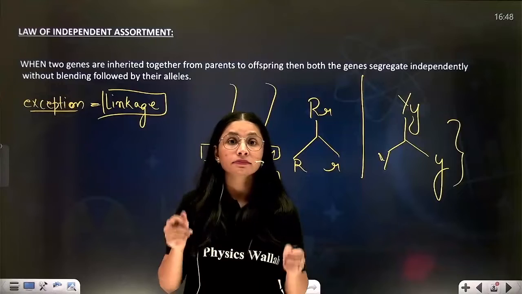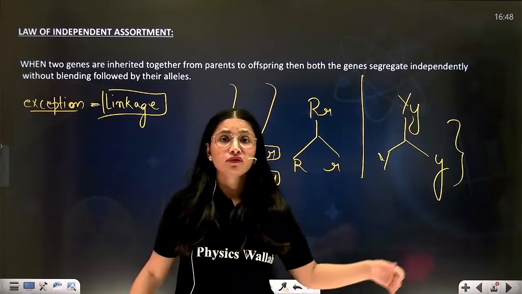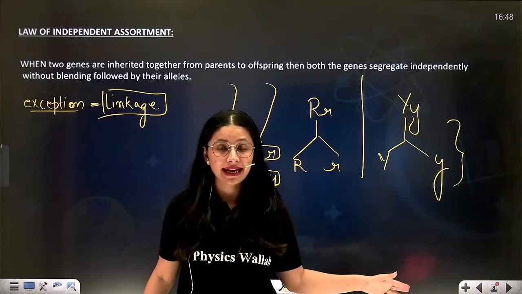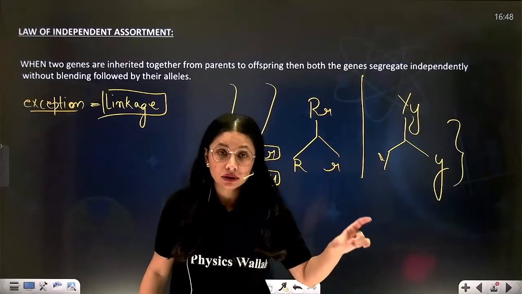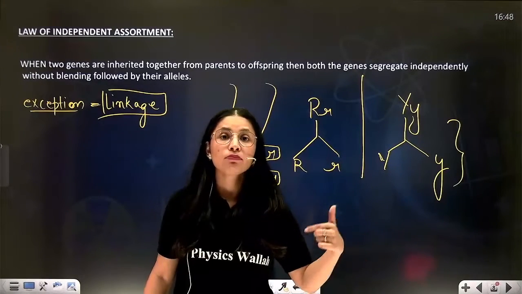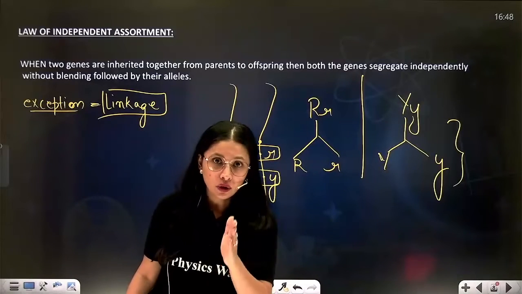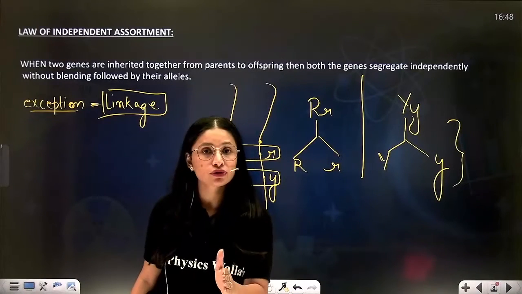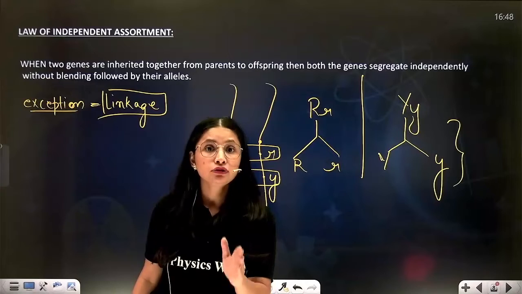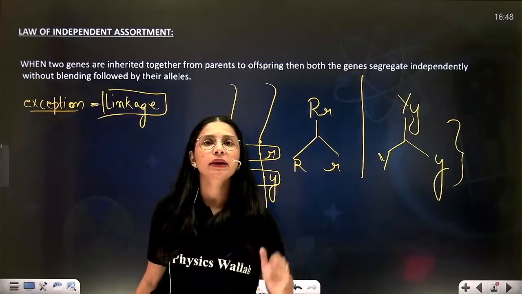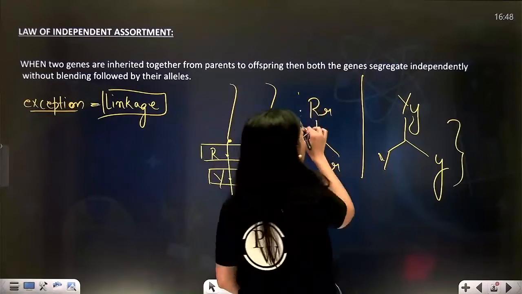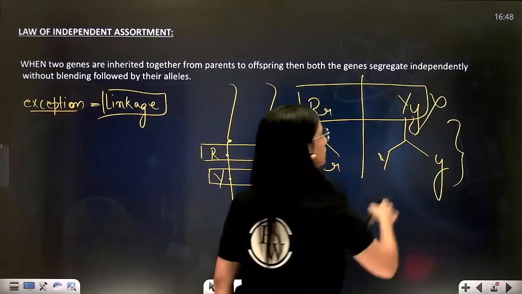Absolutely correct. But the first statement of the law says that both the genes, that means when more than one gene is inherited together, located on homologous chromosomes, they do not segregate independently. Mendel was wrong over here.